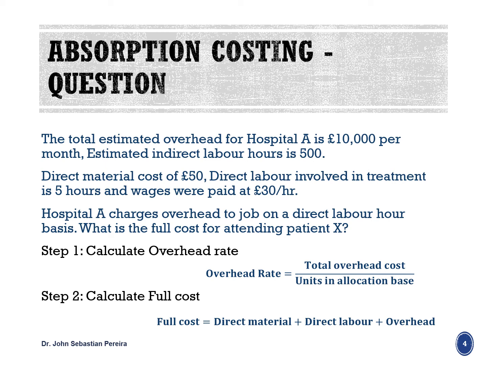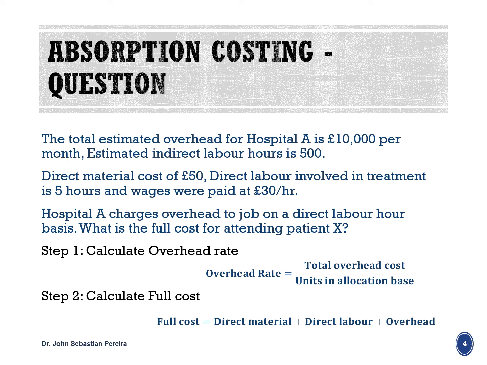A patient that visits hospital A incurred a direct material cost of £50 and was treated by a doctor for 5 hours, who is paid at a rate of £30 an hour. So we know that this material and labor are the direct costs associated with the treatment. What we're expecting to find is the full cost of how much we should bill patient X.